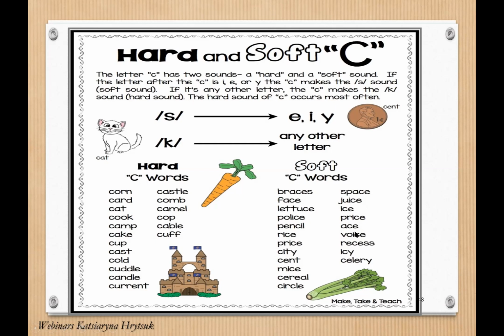Open syllable. Voice, recess. I see, salary. Celery. Salary is the money which you get every month. And celery, this is the vegetable.